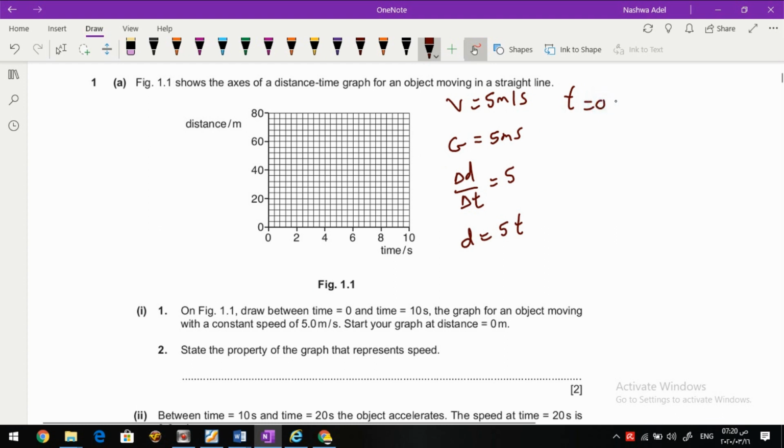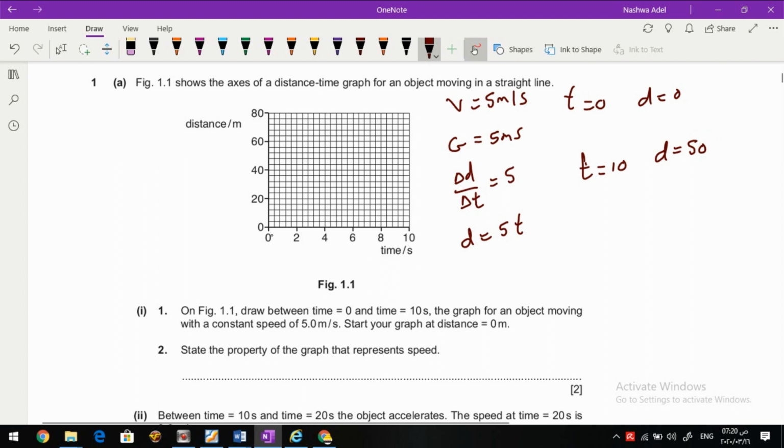At t equals 0, d equals 0. This is the first point, 0 and 0. And at t equals 10, d equals 50. Okay, so we need only 2 points to draw this line.